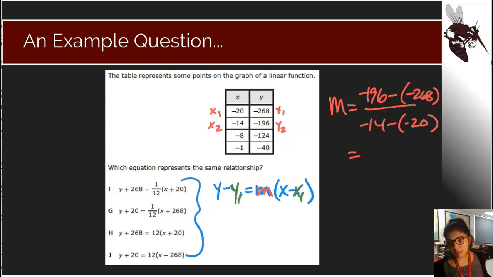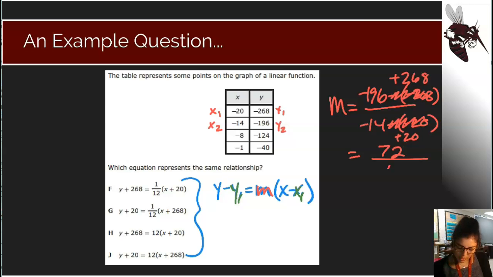We consult our calculator because those are big numbers, but we're just going to change this minus and minus to a plus, and minus and minus to a plus, so that we would ask our calculator or our brain, what is negative 196 plus 268, and we'd get 72. We'd also ask it what's negative 14 plus 20, we'd get 6. 72 divided by 6, our slope is 12.